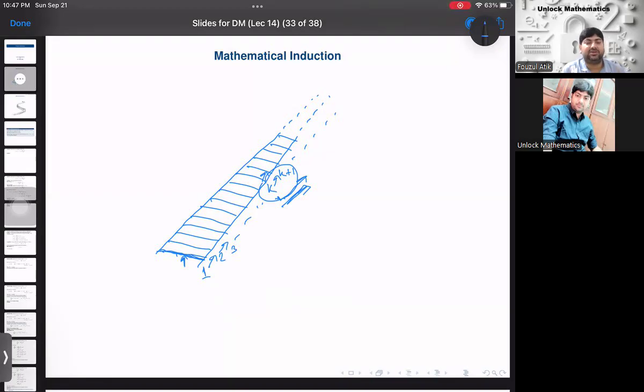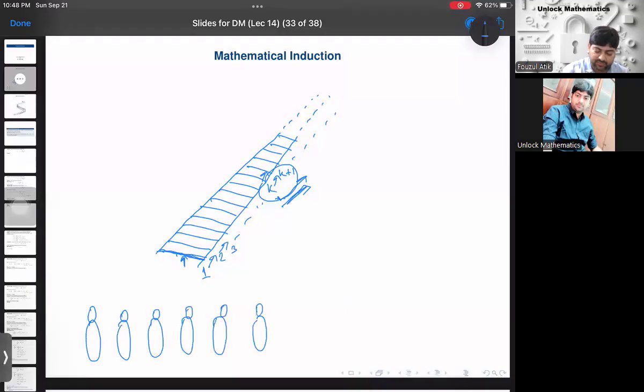So this is the concept of the principle of mathematical induction. I'll discuss it again. Suppose you have a secret message and you have an infinite queue of human beings. They made the queue in such a way that you want to pass on a secret message.